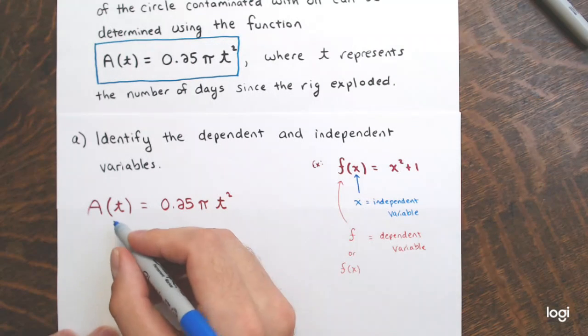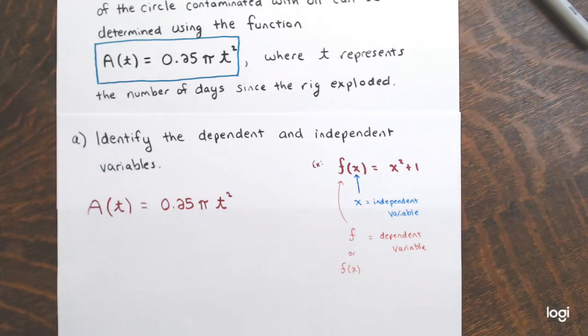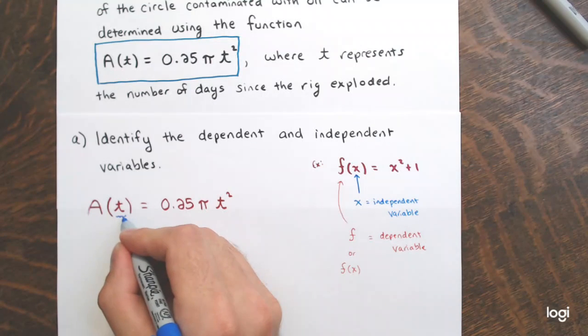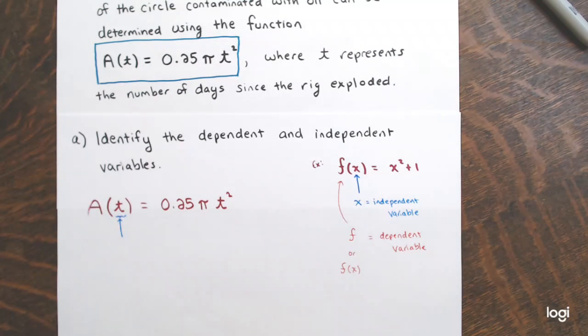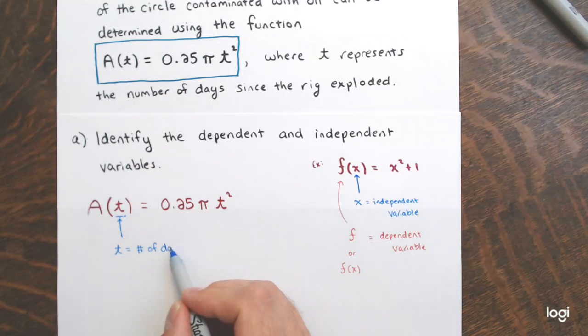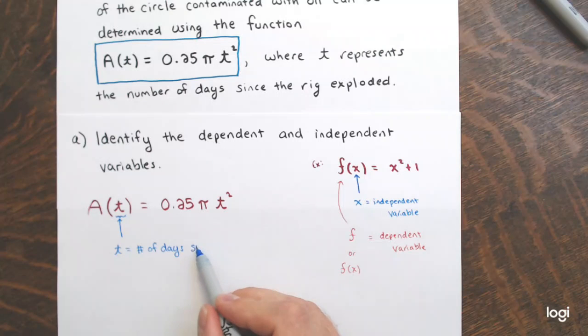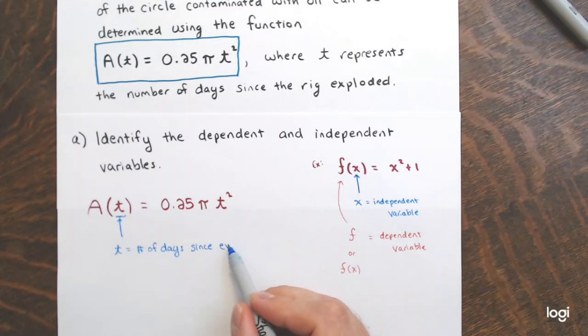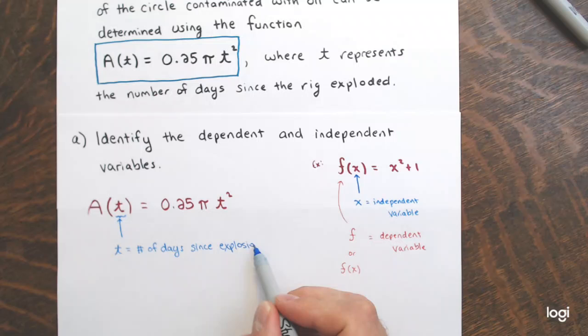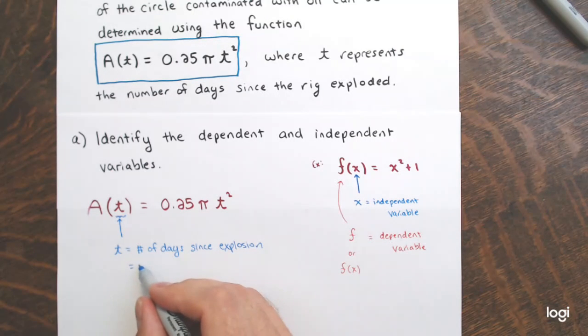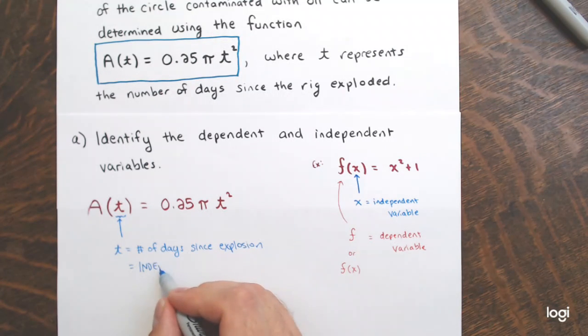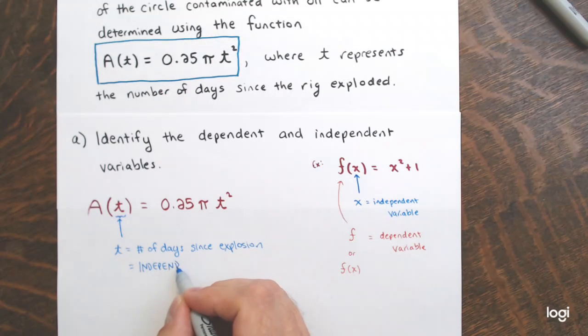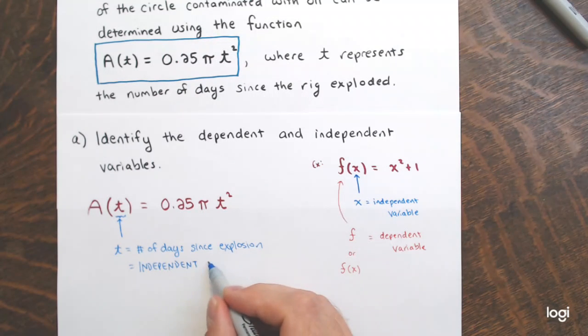So the variable t, the expression in parentheses here, what's being plugged in, what's my input? T, the time, the number of days since the explosion. This is the independent variable, my inputs.